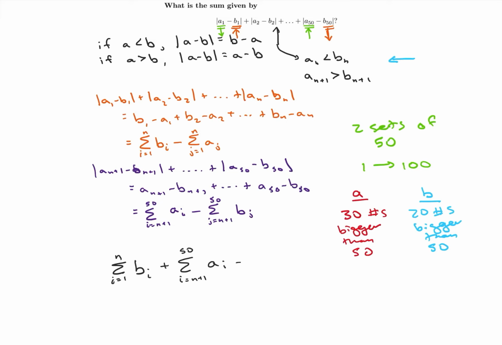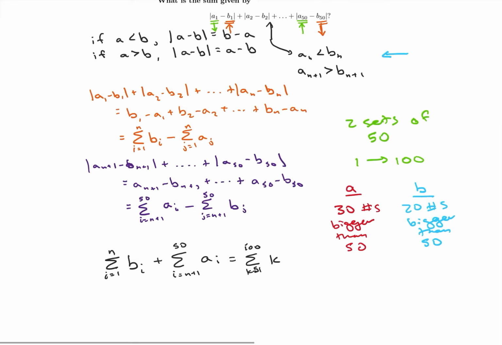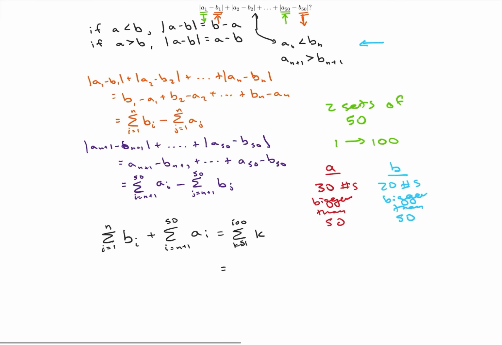Those are all going to equal the sum from k equals 51 to 100 of k. So what does that mean? All of the elements in that set that I'm summing together are going to be the numbers 51 to 100. And I can calculate that as n times n plus 1 over 2.